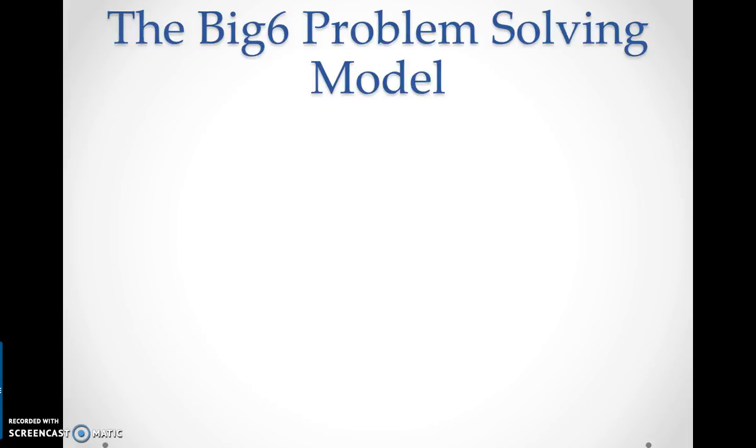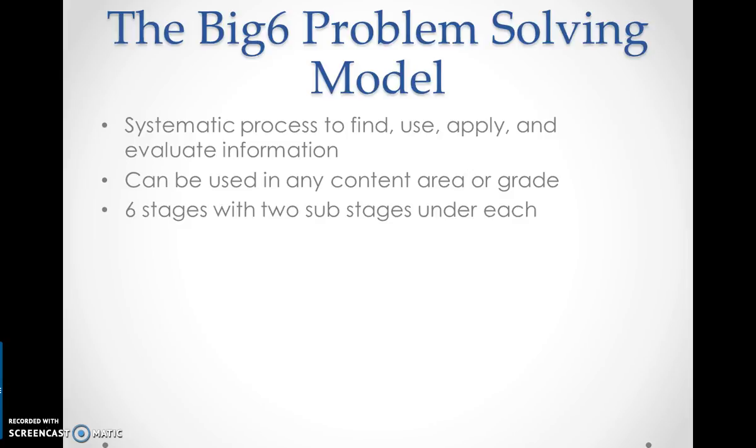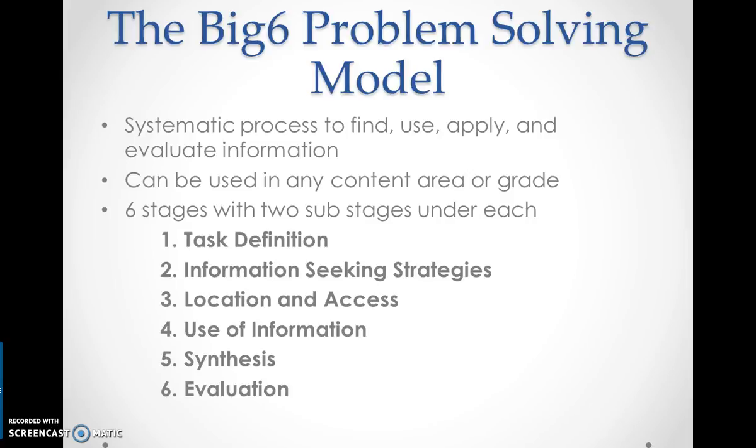learners all come across. It's a systematic process to find, use, apply, and evaluate information. It can be used in any content area or grade. And it contains 6 stages with 2 substages under each.